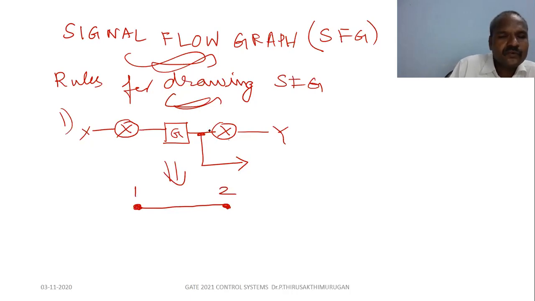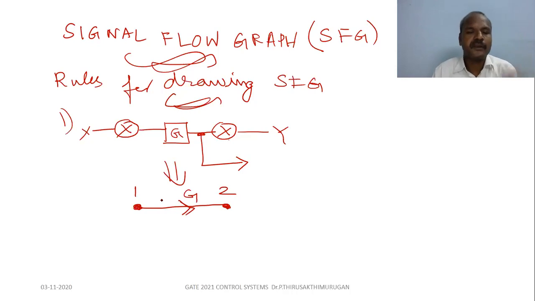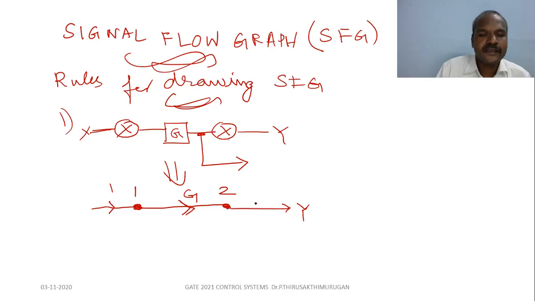Between two nodes there is a gain G, which is represented between the two summing or takeoff points. The link from the last summing point to Y normally takes a gain value of 1. So this is the first rule to represent a signal flow graph.